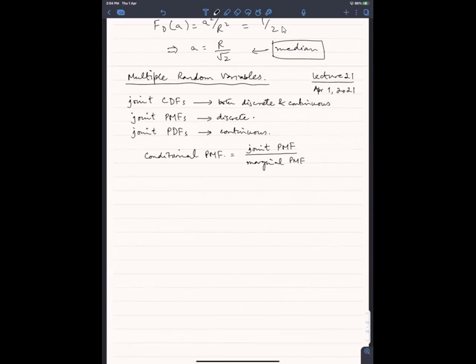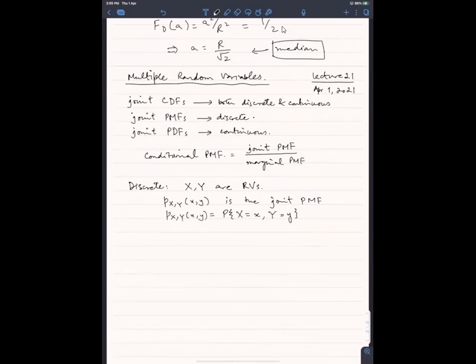I will write an expression for that. Let's say you have the discrete case, and X and Y are random variables. P_XY(x,y) is the joint PMF, which is equal to the probability that random variable X takes a value small x and random variable Y takes a value small y.